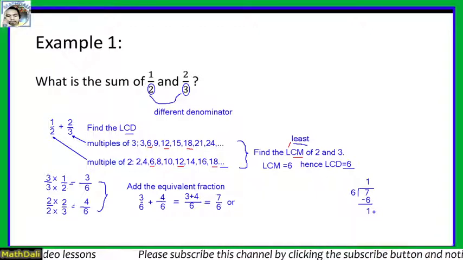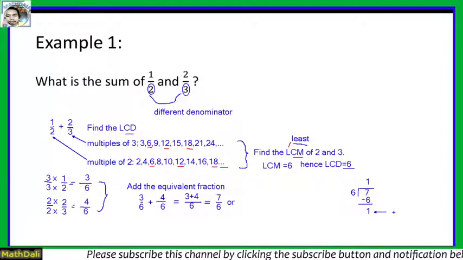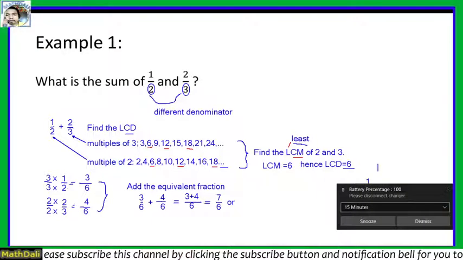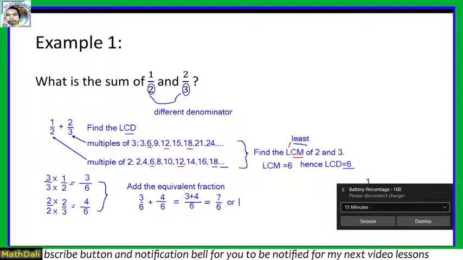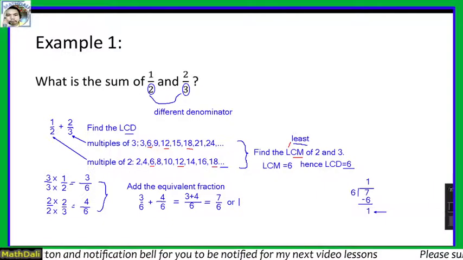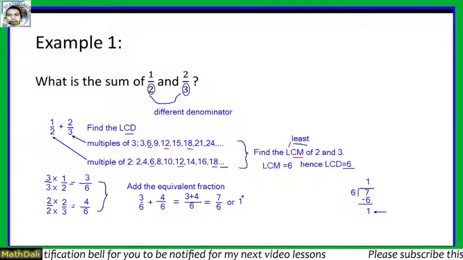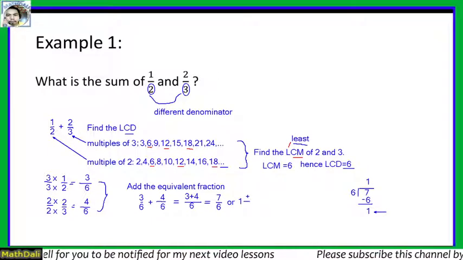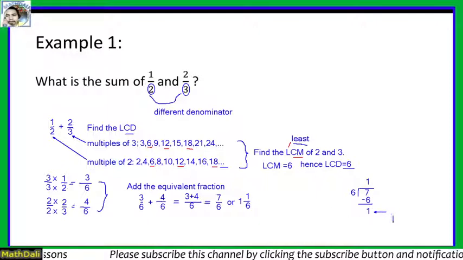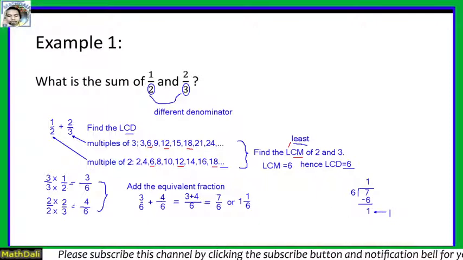So, ito yung ating magiging numerator ng ating fraction. So, ang sagot natin dito, that is the same. We have 1 and 1 over 6. Lagay lang natin dito. 1 over 6. So, ito yung magiging numerator natin.